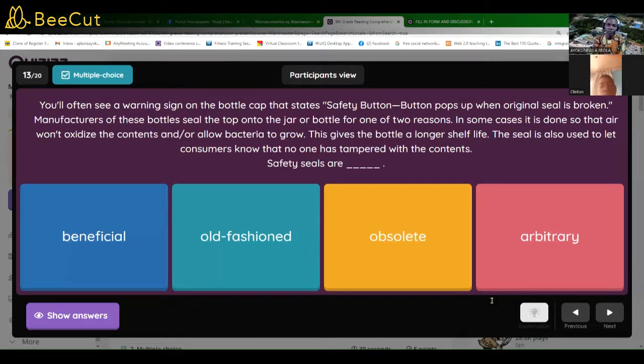In some cases, it is done so that the air won't oxidize the content and allow bacteria to grow. This gives the bottles a longer shelf life. The seal is also used to let consumers know that no one has tampered with the content. Safety seals are beneficial.